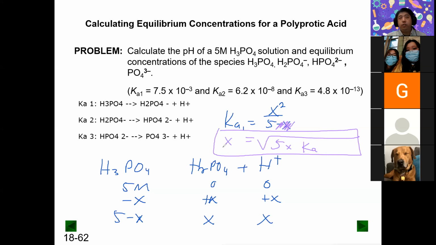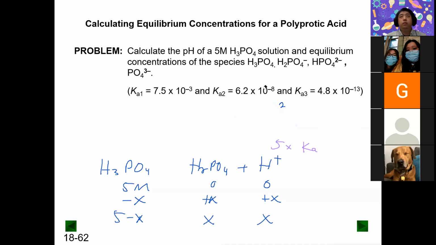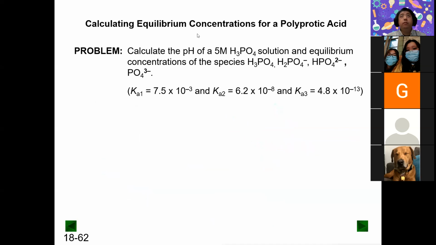I'm going to go ahead and clear the screen now, or most of the screen. Okay, so let's focus on the next part. The next part is I'm going to look at just Ka2. So for Ka2, I am starting with H2PO4 minus, and this changes into HPO4 2 minus and H plus.